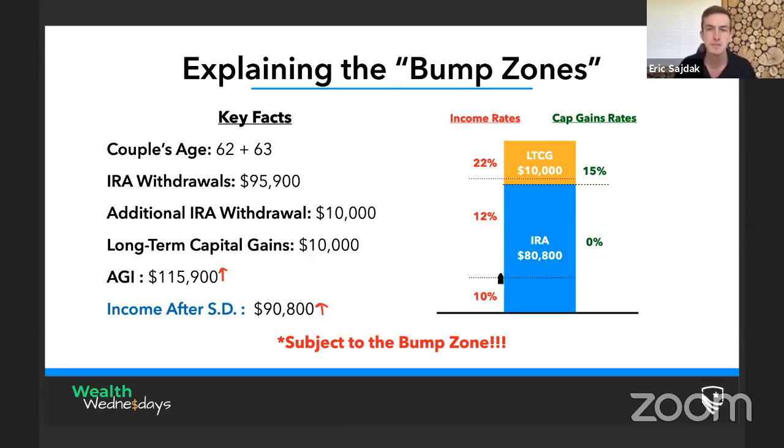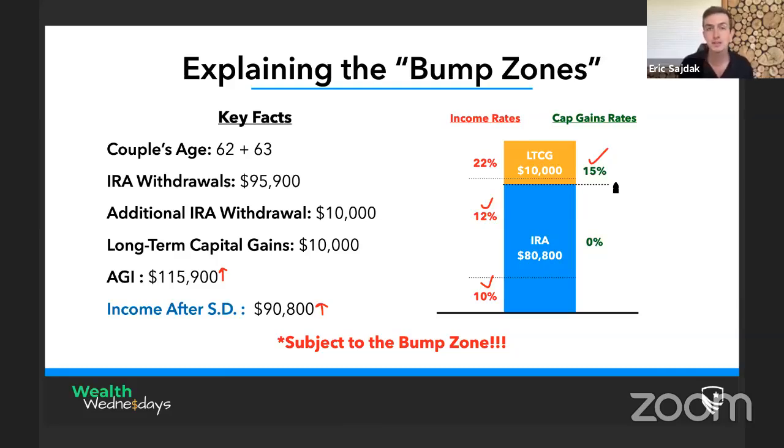But now what happens to these long-term capital gains? These IRA withdrawals are again taxed at 10% and taxed at 12%. And now they're $10,000 over that $80,800 mark. So now their long-term capital gains, rather than previously being taxed at 0%, are going to be taxed at 15%. So what happened there?